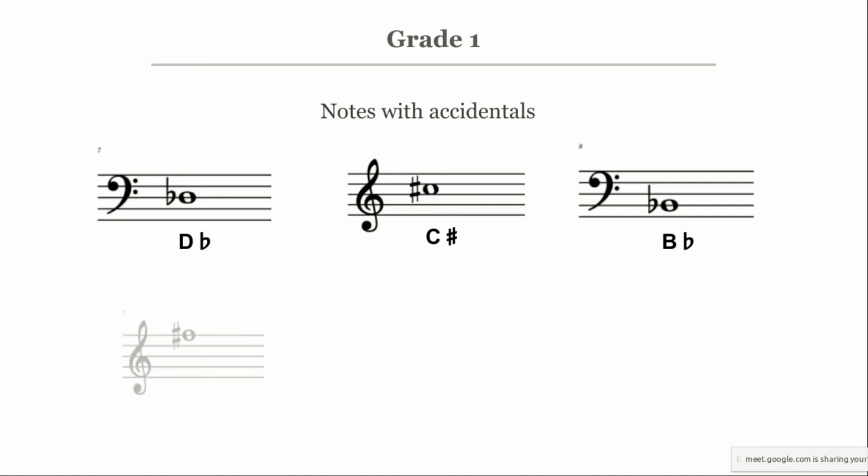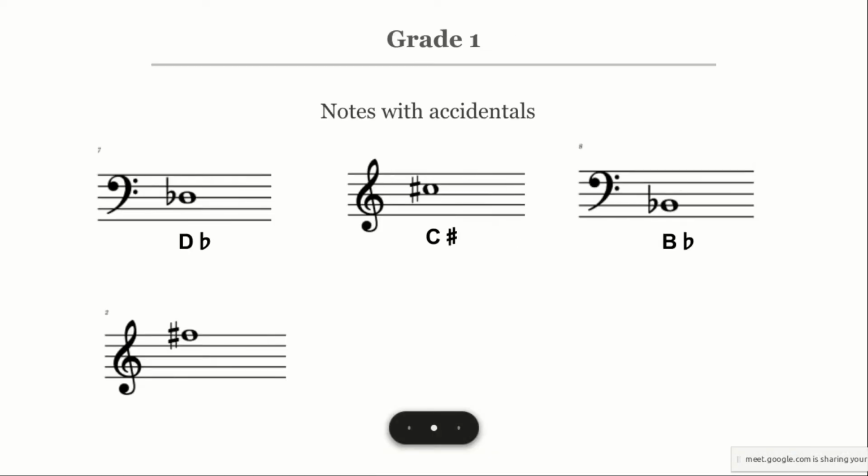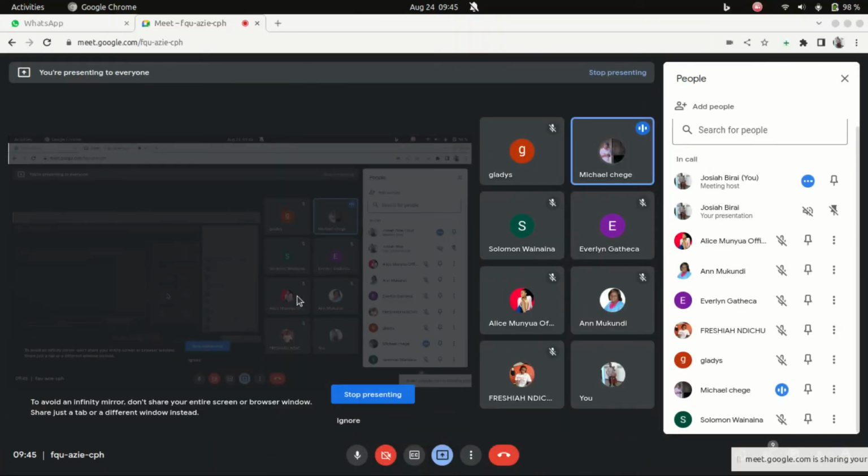Correct. So Michael, help us with these other three. Michael, what's the first one on the bottom line? F sharp.